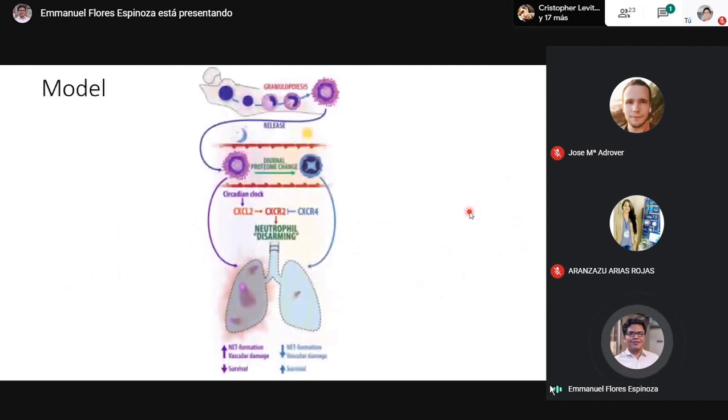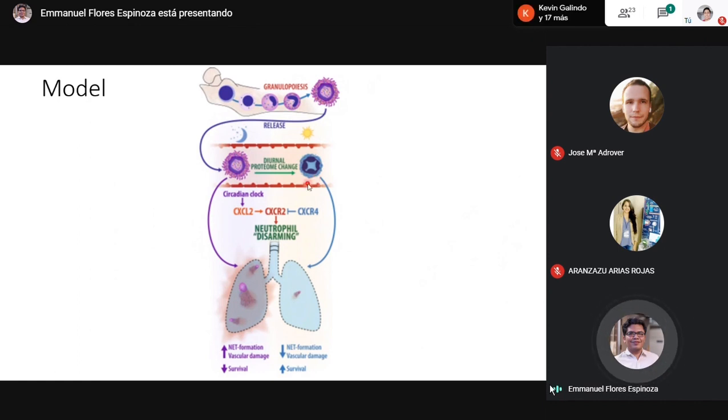So finally, the model of this study, they propose that when neutrophils are released from bone marrow after granulopoiesis, they are released like fresh neutrophils. They proposed that in the last paper, and then when neutrophils are in the circulation, they drive a diurnal proteome change that impacts the granulation pattern and also the NET forming capacity.